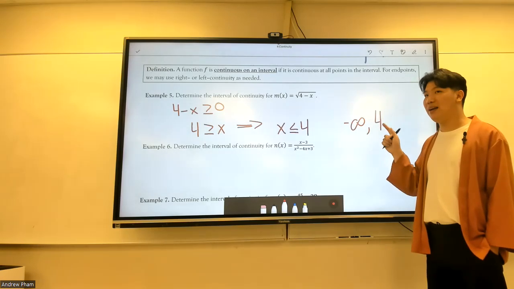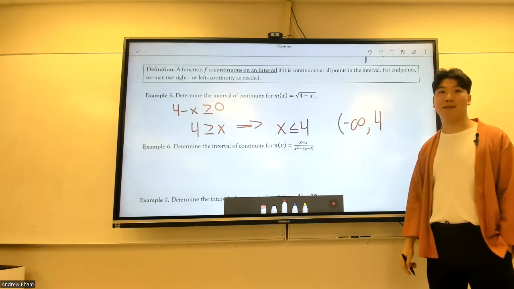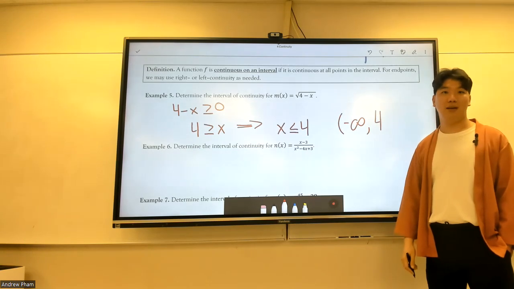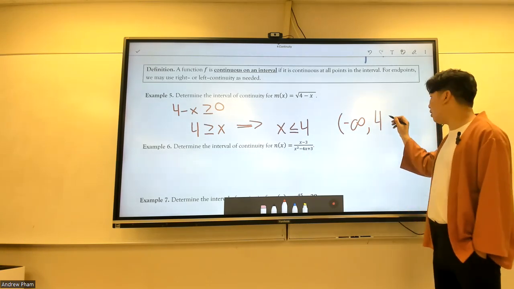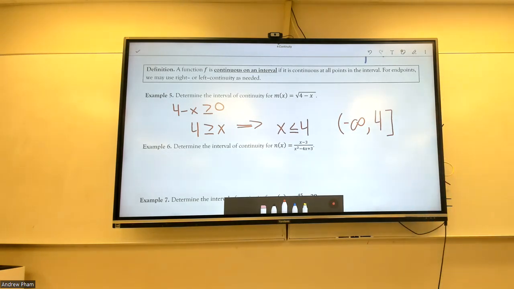Other rules about intervals: infinities always have parentheses. And I'm going to put a bracket on 4. Does anyone remember why I put a bracket? It's an endpoint, but more precisely, why not a parenthesis?